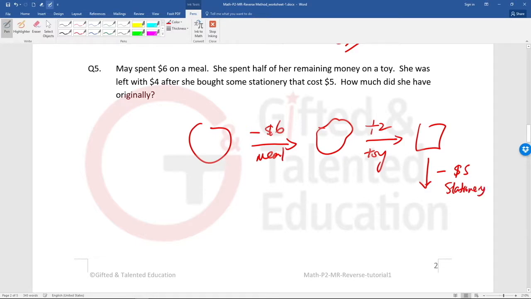So she was left with $4. So this must be $9 because 9 minus 5 gives us 4. And this must be $18. And this must be $24 because 24 minus 6 gives us 18. Therefore, she had $24 originally.